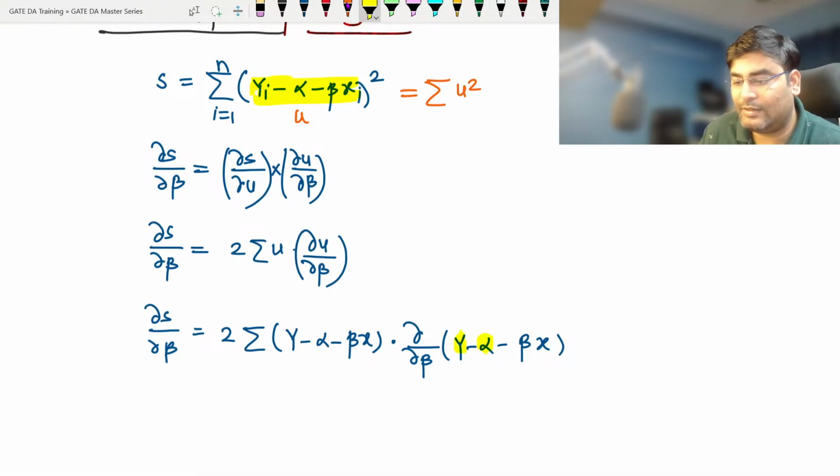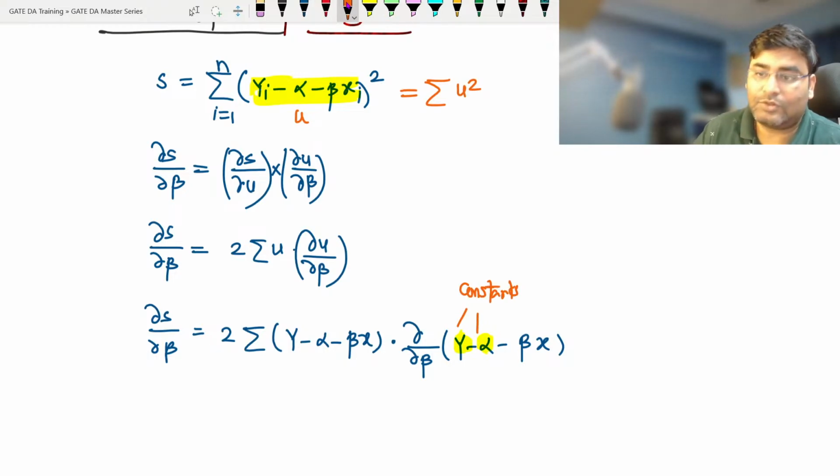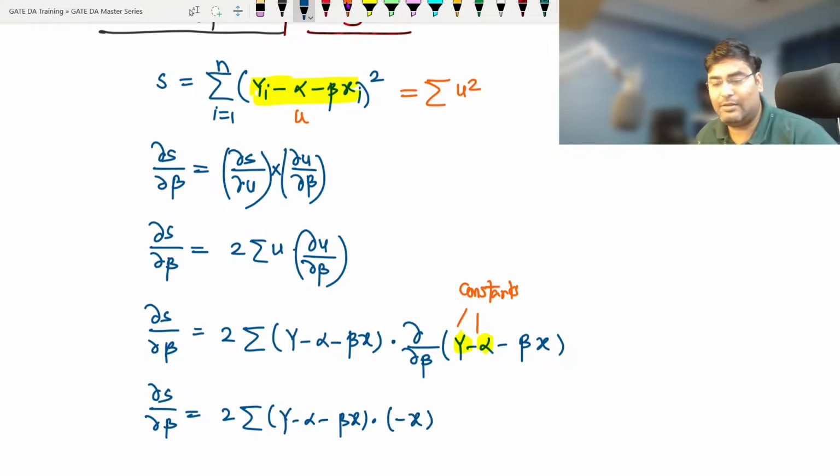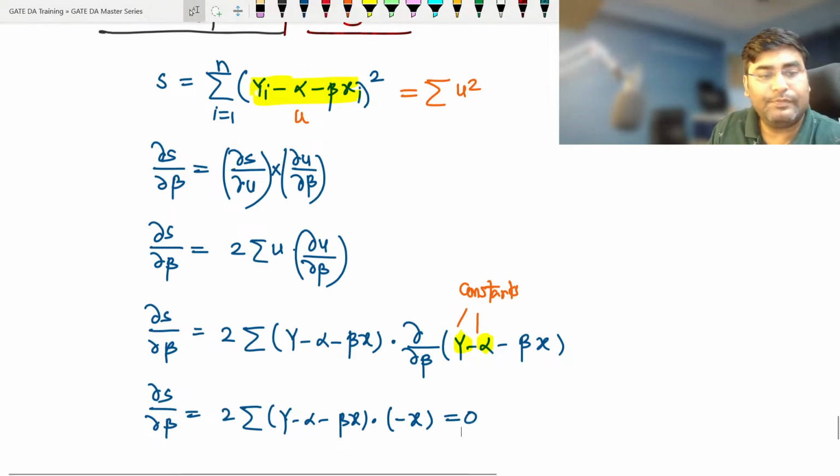Alpha, y. These are the constants. Keep that in your head. And constant differentiation is 0. So you'll write del S by del beta equal to 2 sigma of y minus alpha minus beta x, and now if you differentiate with respect to beta, then this is 0, 0, 0, minus x. Guys, can you see that? And then you will also make it equal to 0.